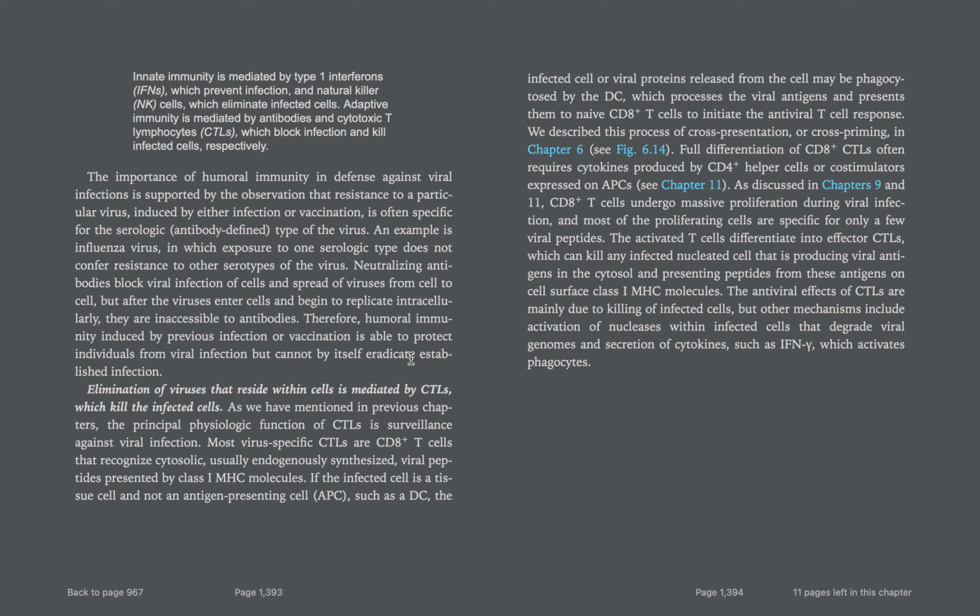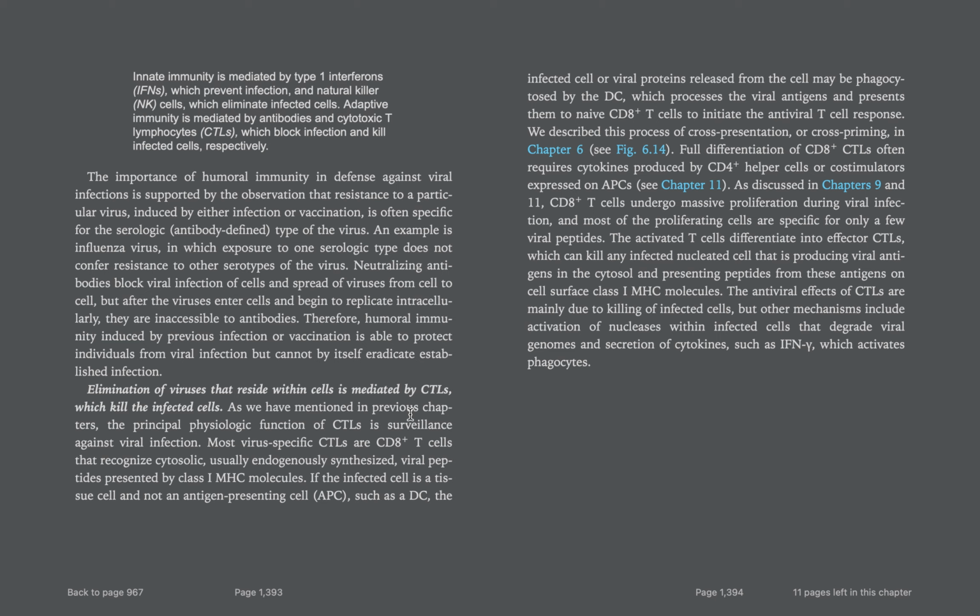Therefore, humoral immunity induced by previous infection or vaccination is able to protect an individual from viral infection, but cannot by itself eradicate established infection. Elimination of viruses that reside within cells is mediated by cytotoxic T lymphocytes, which kill the infected cells.